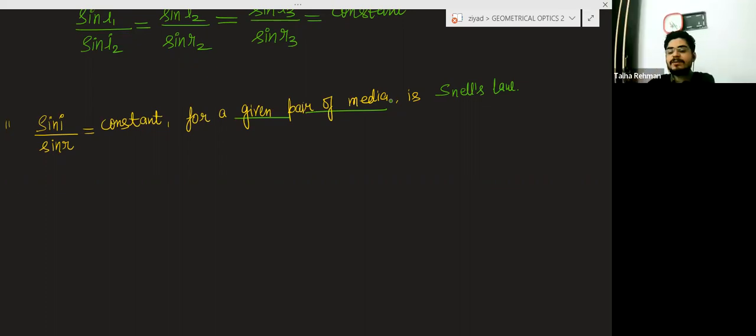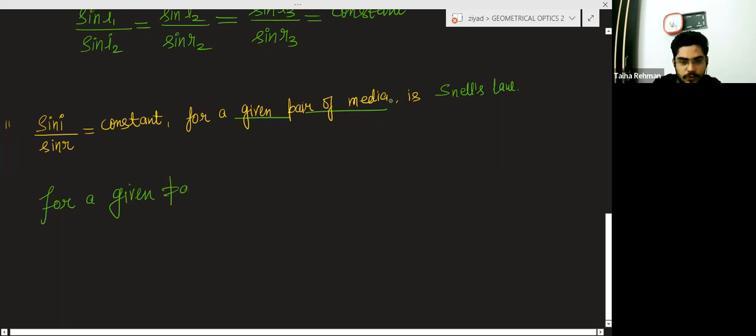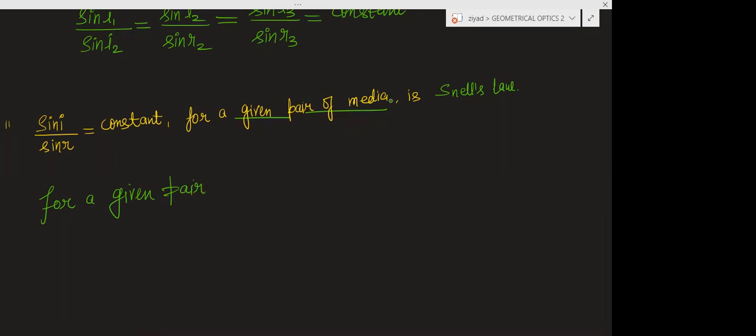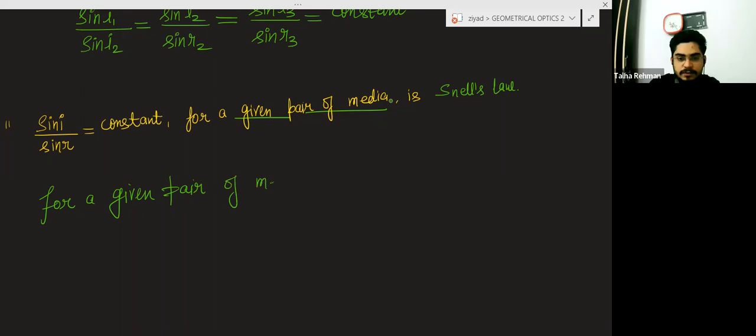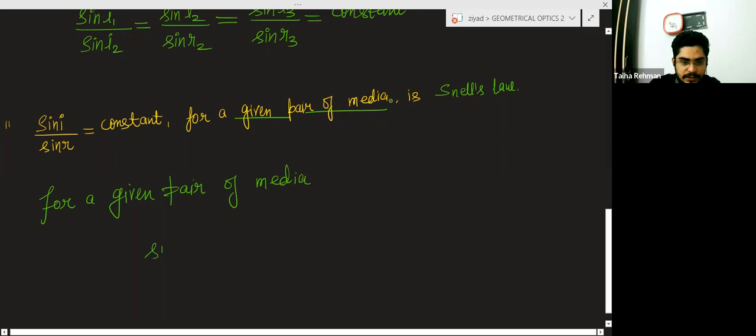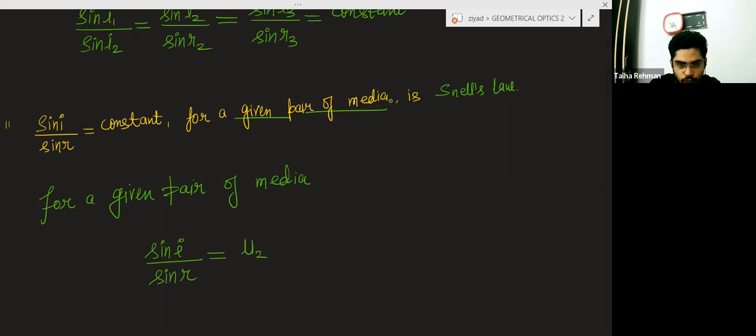But there is a special thing about this law. For a given pair of media, basically media is the plural of medium, sine of I divided by sine of R is equal to the refractive index of medium 2 with respect to medium 1.